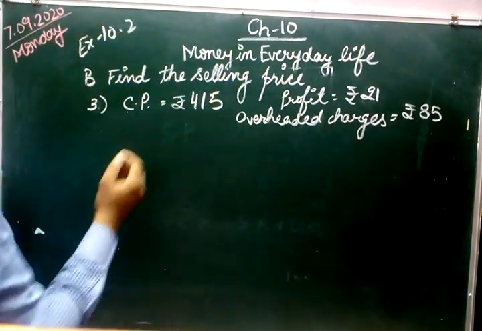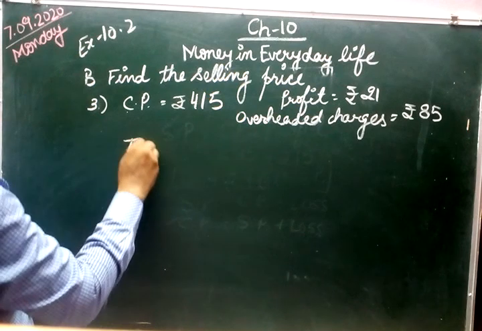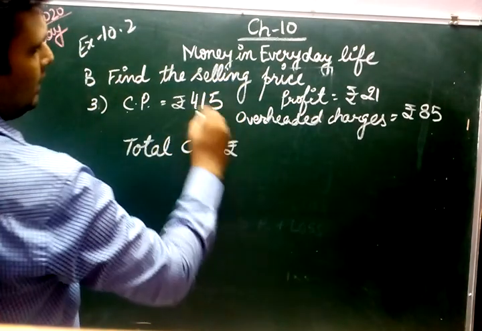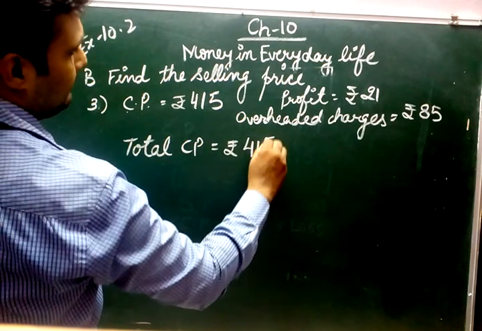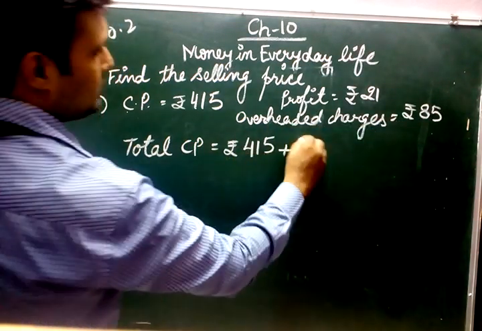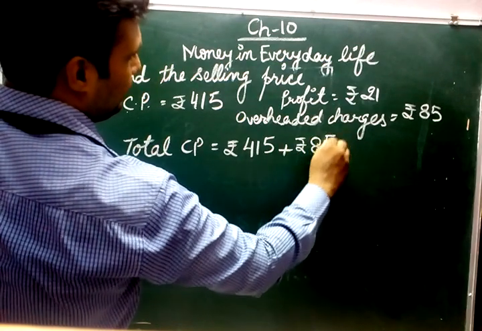So first we have to find the total cost price. Total cost price is rupees 415 plus the overhead charges, which are included in this cost price. So we write down 85 rupees.